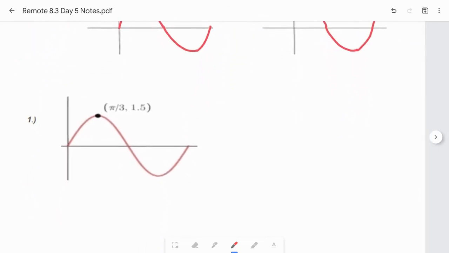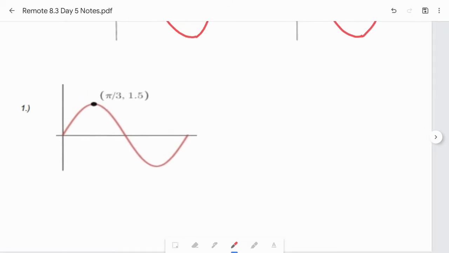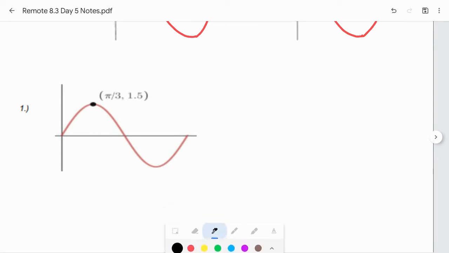Okay, so in our first example, we are given a point, and that point is at pi over 3 and 1.5. Okay, so I'm just going to start labeling different things that I know. So I know that right here we're at pi over 3. My amplitude is going to be 1.5.